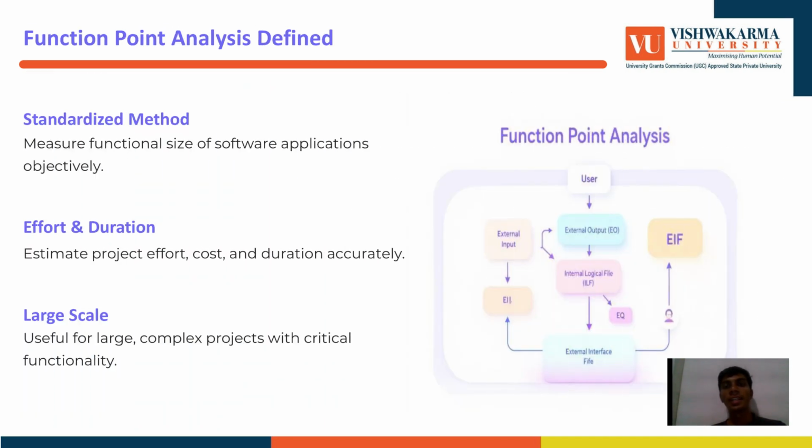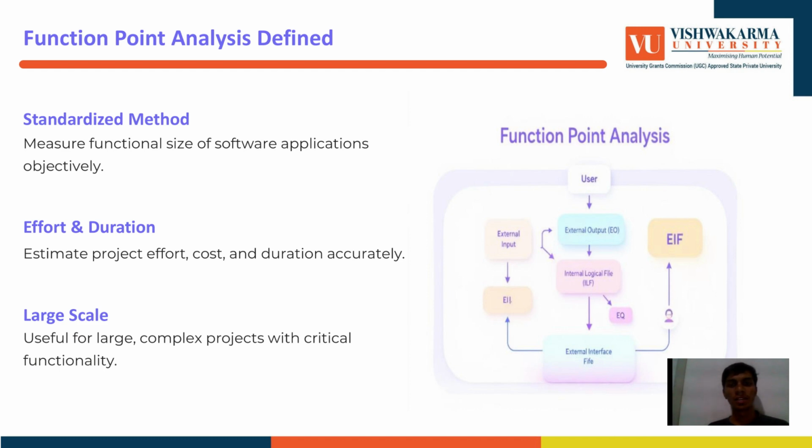Now let's properly define it. Function point analysis is a standardized method developed by IBM in the late 1970s. It is used to measure software size by quantifying the functions the system provides to the user. This method helps with estimating cost, predicting timelines, and comparing productivity across different teams.